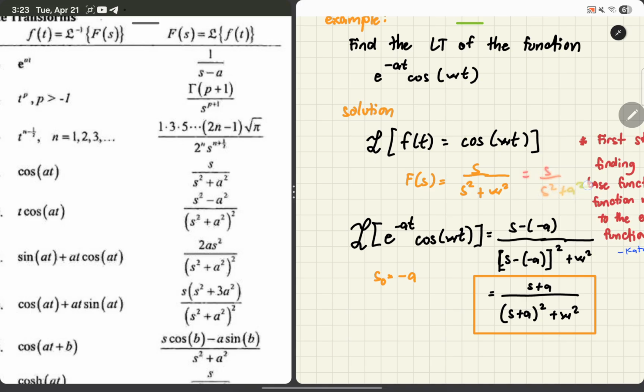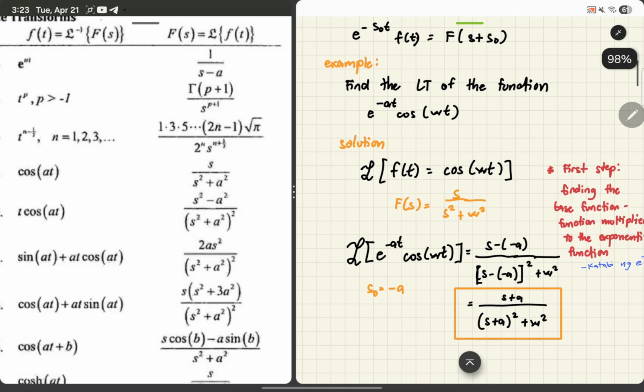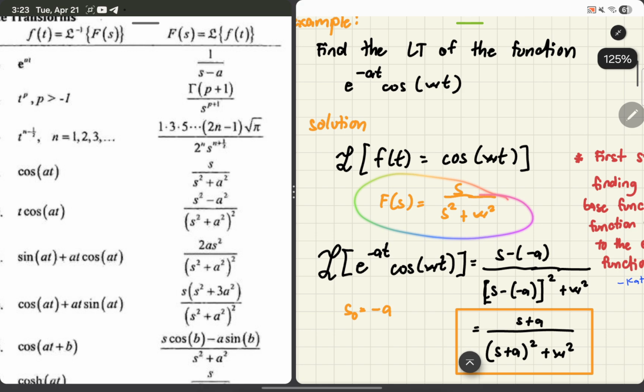But to avoid confusion with the exponential function, which is also given with a, we'll just change it into w for now, okay? So it will become s over s squared plus w squared. This is the Laplace transform of cosine of wt.